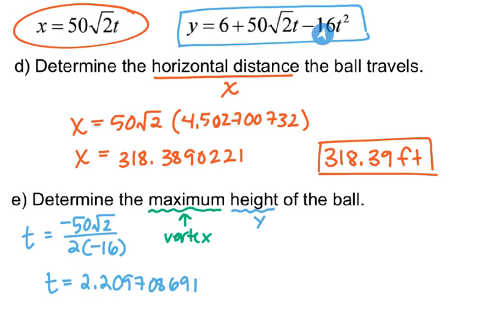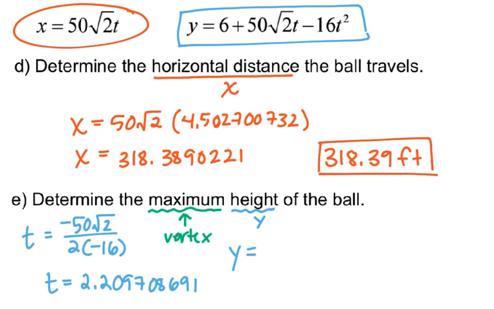Again, when we use this function to calculate the actual height at that time moment, you want to make sure that you're using a value with enough decimal places, using that answer button on your calculator.